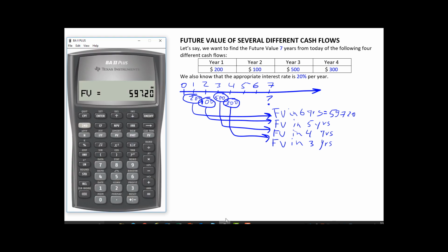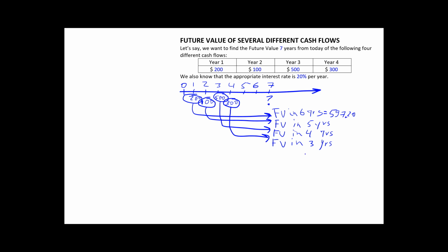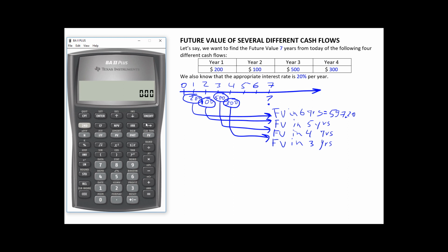Now let's do that for the second cash flow. Okay, let's clear everything. Second, reset, enter. $100 negative PV, same interest rate, 20%, 20 IY.